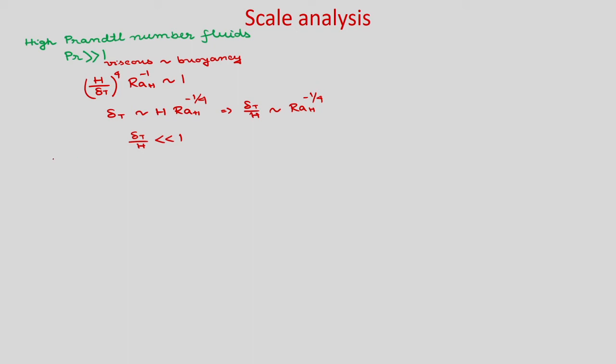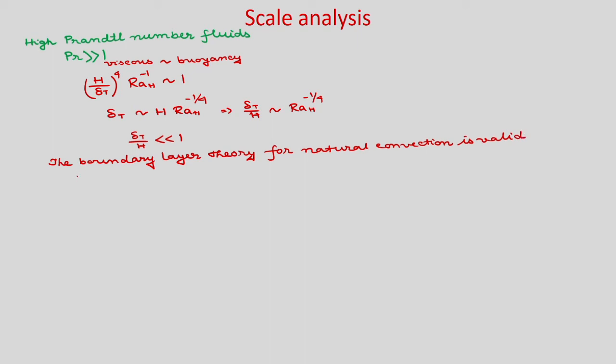So, you can write the boundary layer theory for natural convection is valid for high Rayleigh number fluids.